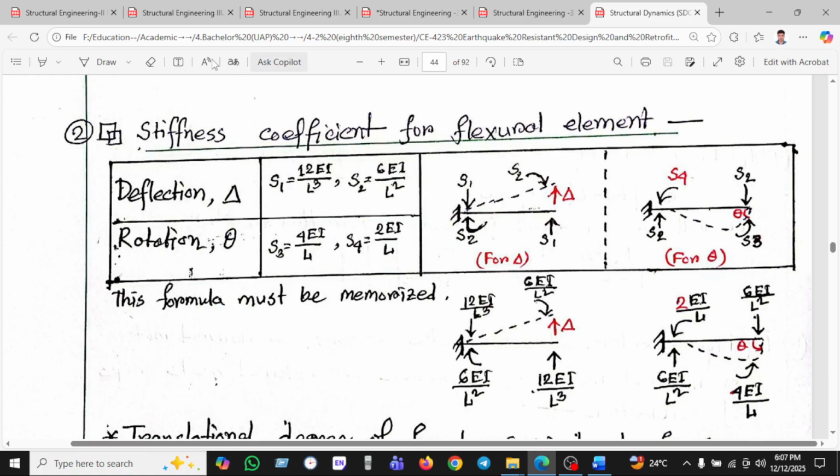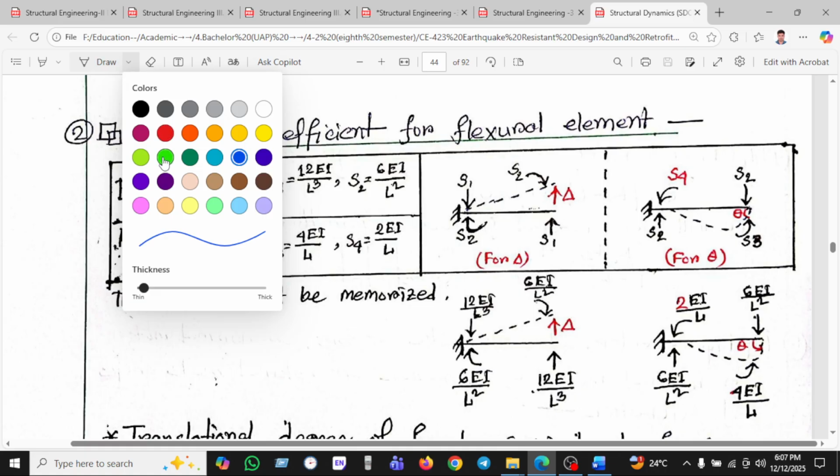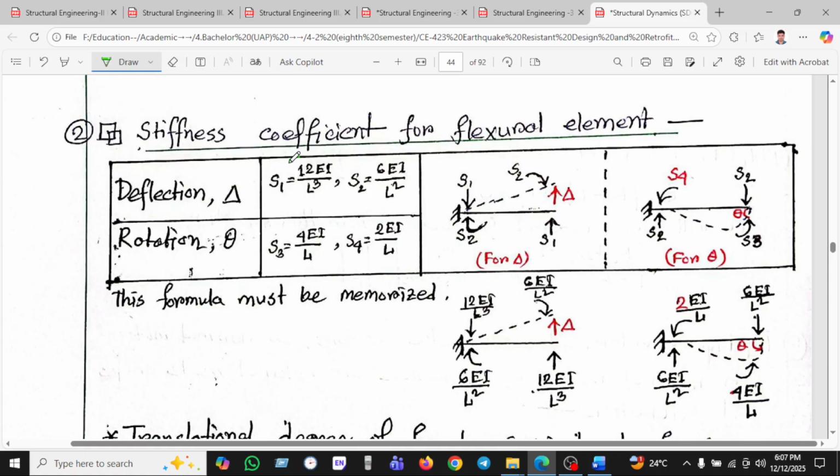S2 will be half of that: 6 EI by L square, not L cube.